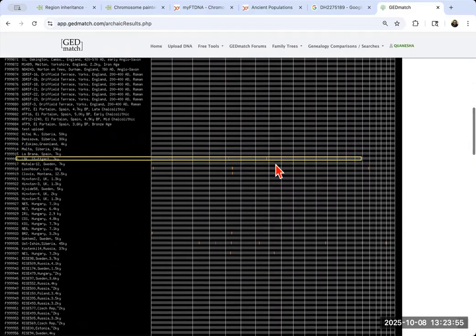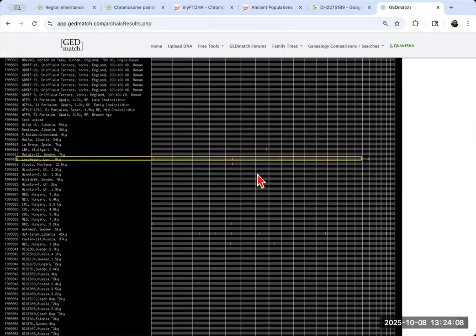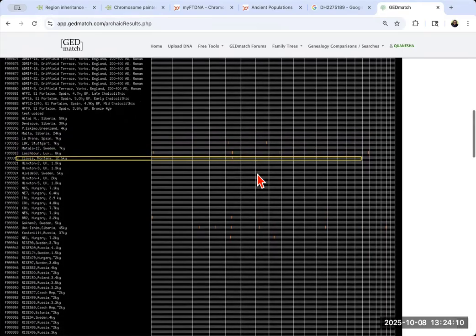We have Stuttgart coming in. Looks like we got maybe 8 and 6. We have Luxembourg coming in. We have Clovis, Montana coming in, and that's on chromosome 5.